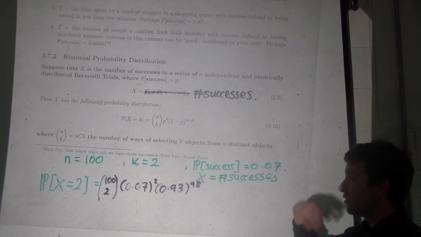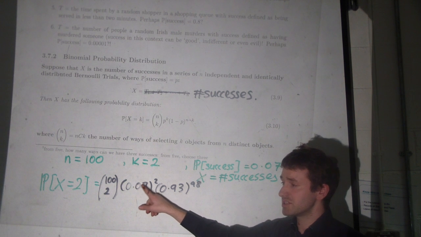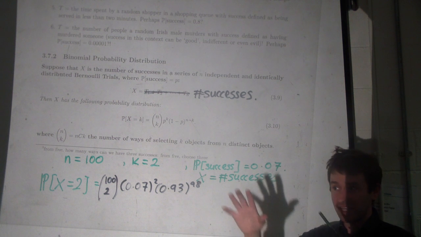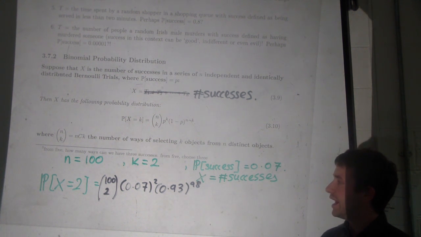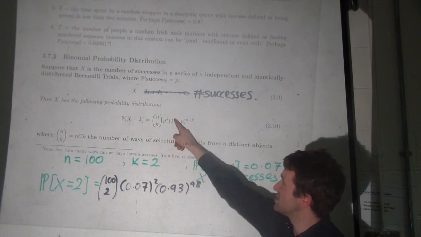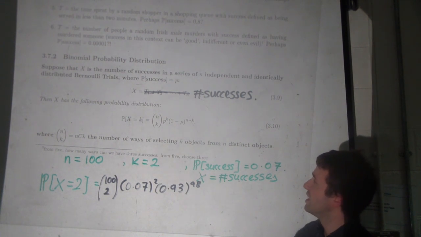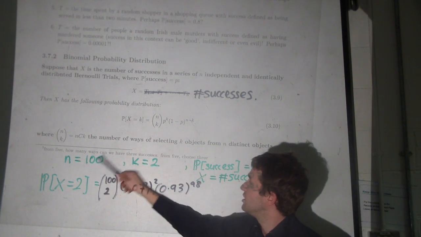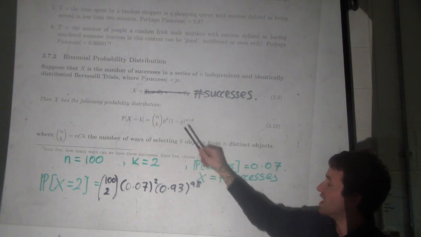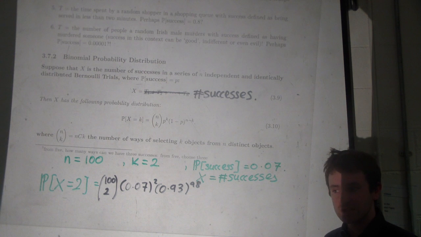Whichever way the 2 sales are made, there's going to be 2 0.07s and 98 0.93s. And then the question is, how many ways can you make 2 sales? It is the number of ways that from 100 you can choose 2. And this is exactly the same as this formula up here: N equal to 100, K equal to 2, 0.07 to the power of 2, 0.93 to the power of 98. And as I said, we're expecting 7 sales, so this probability should be pretty small.